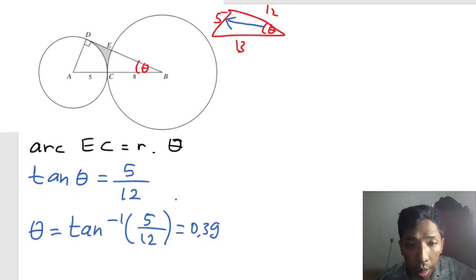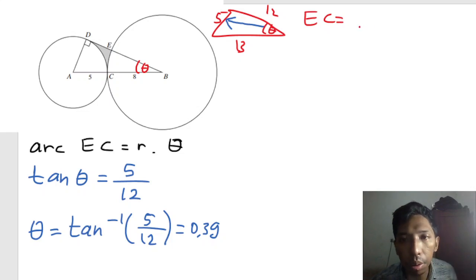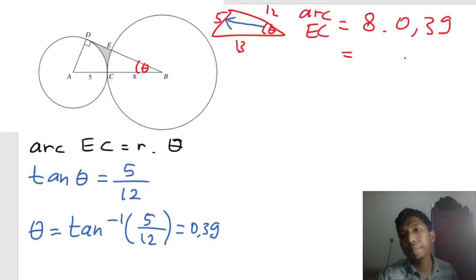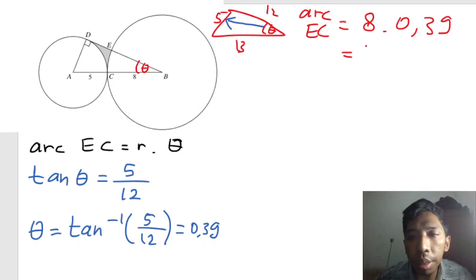After that we just plug it into the formula. Very easy. The arc of EC is r times theta. The radius is 8 and the angle is 0.39 radians, and we just use the calculator.